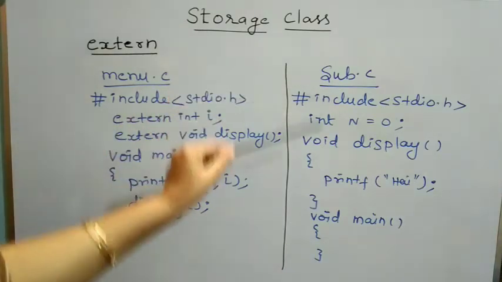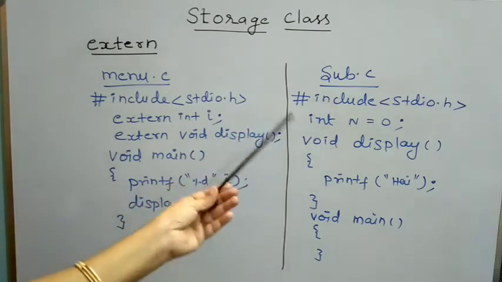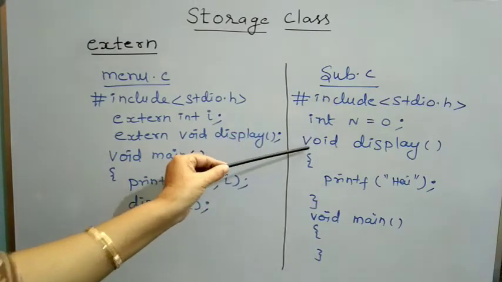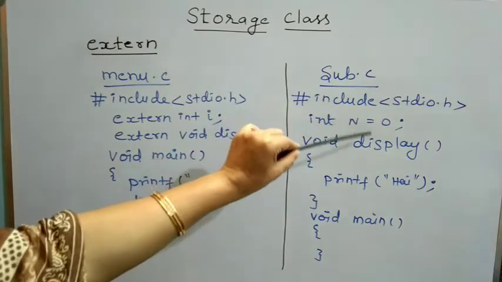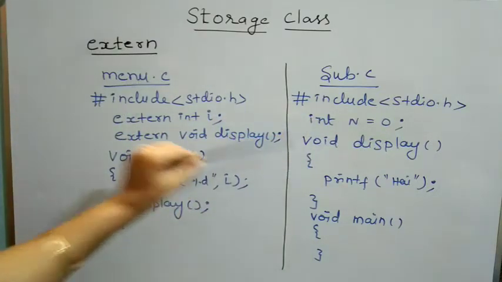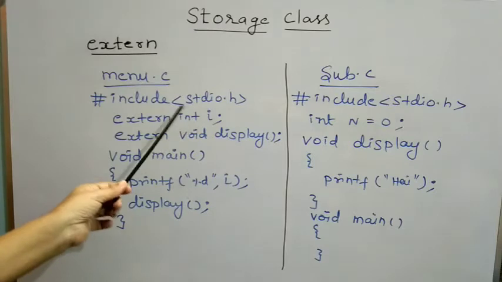In sub.c I have defined and declared a variable n, and also defined one function, display. If I want to use this variable and function in some other programming file, how do I use them? Inside main I have declared them.